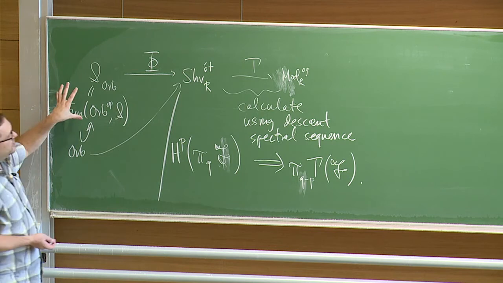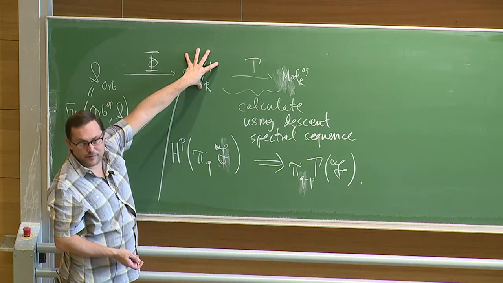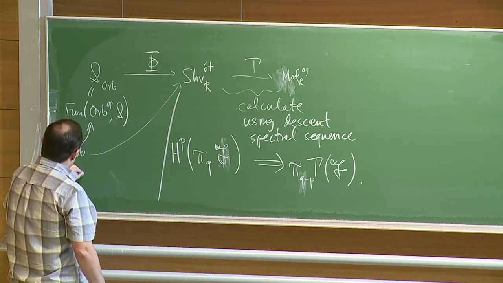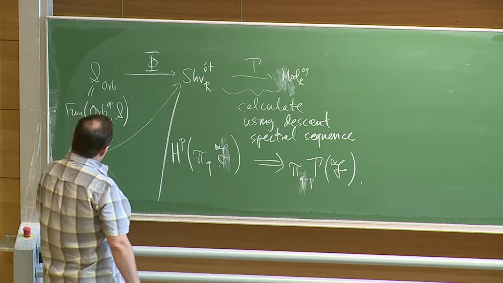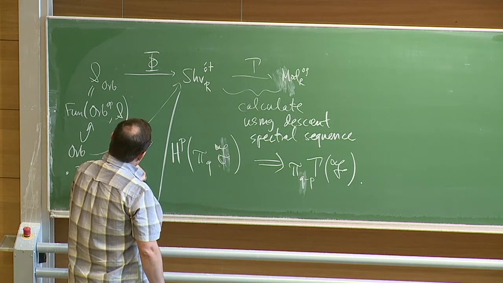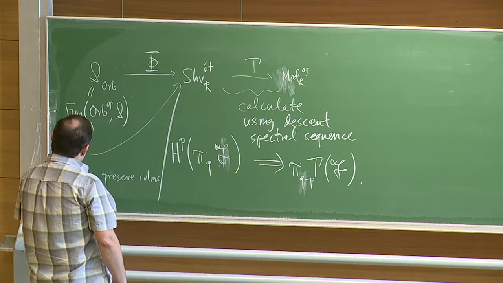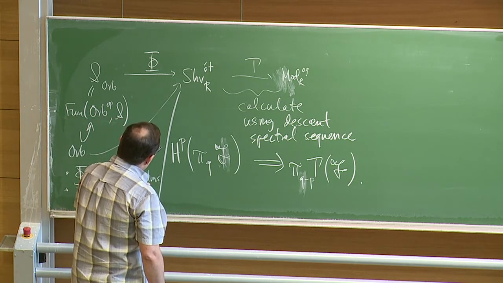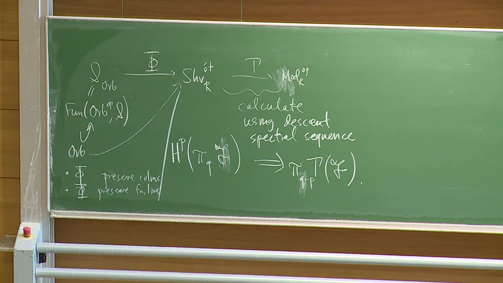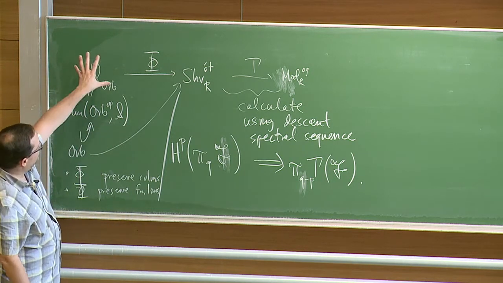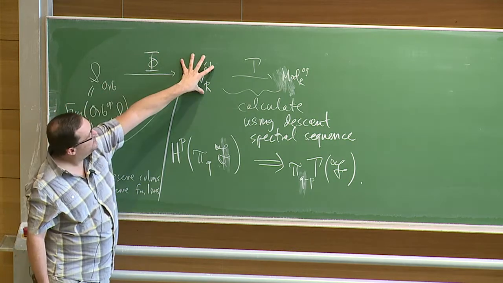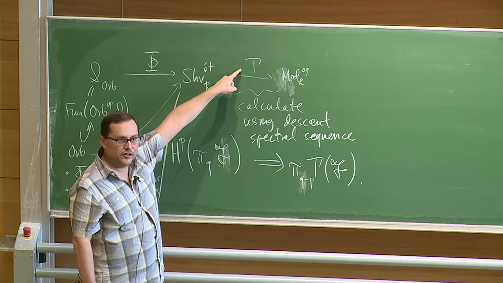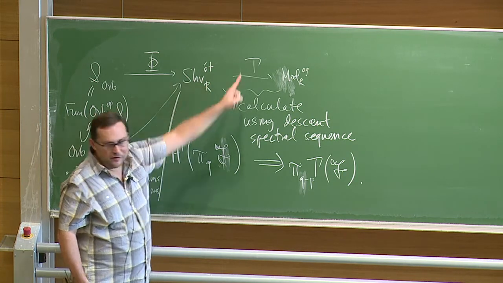And I want these fibrations to remain fibrations over here. So I also want phi to preserve colimits, and I want it to preserve finite limits. That way fibrations here will become fibrations here. And also then to calculate global sections, I can use the Leray-Serre spectral sequence.